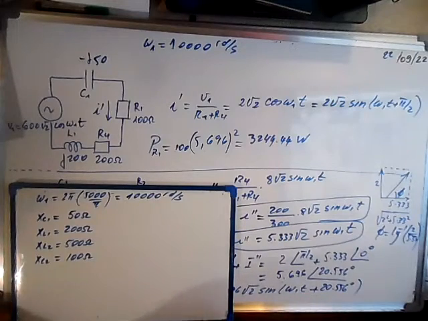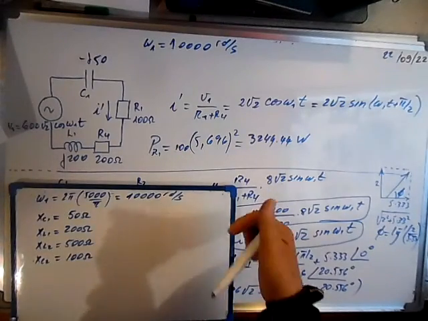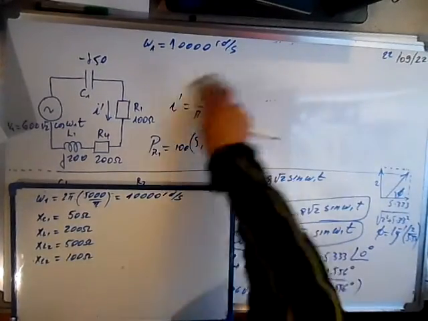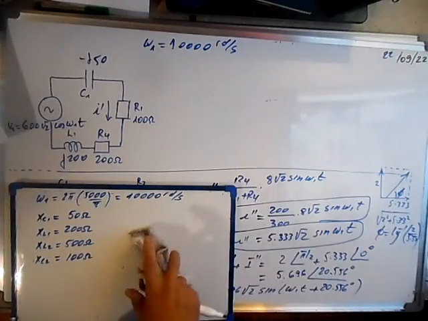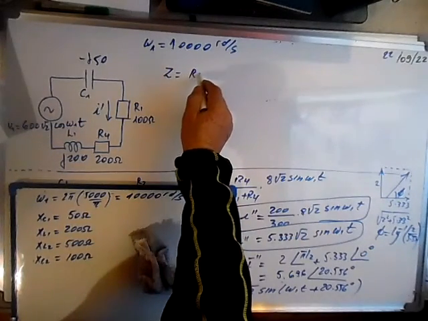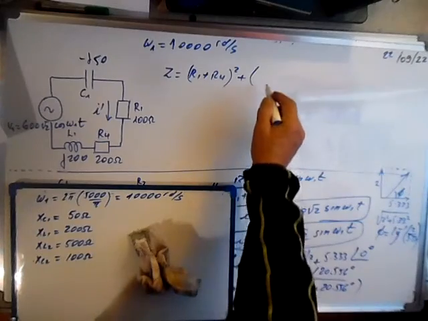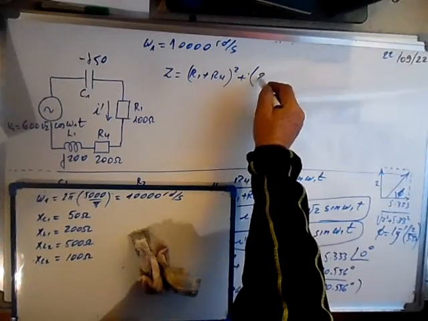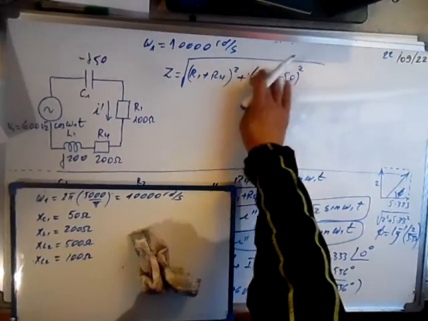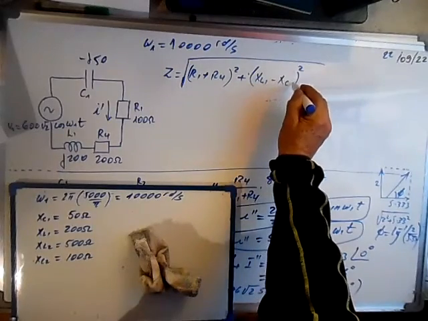So we can now calculate this I prime. We can say that here we have an impedance, the square root of R1 plus R4 squared plus 200 minus 50 squared, that is XL1 minus XC1 squared.